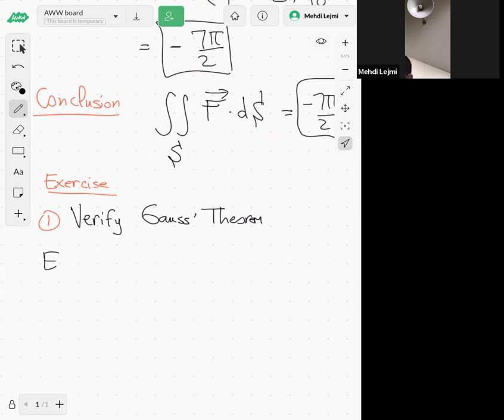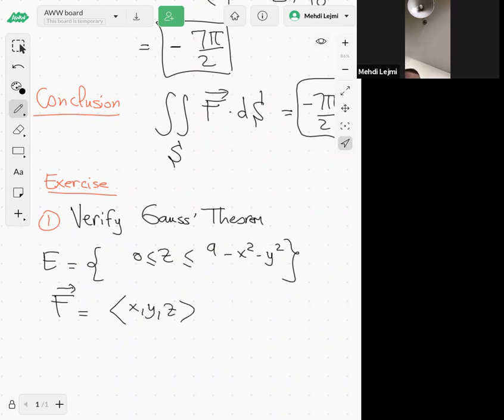The solid E is given by z between 0 and 9 minus x squared minus y squared. So this is the inside of the paraboloid, right? And let's say the vector field F is just equal to xyz.